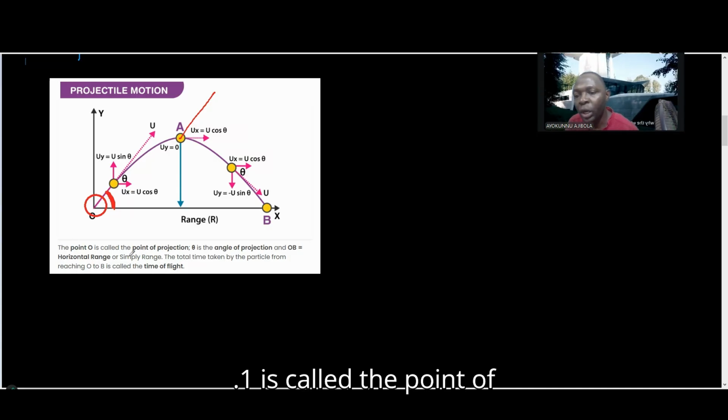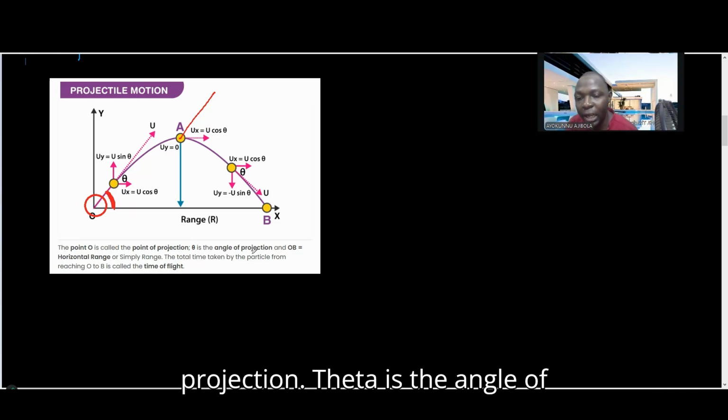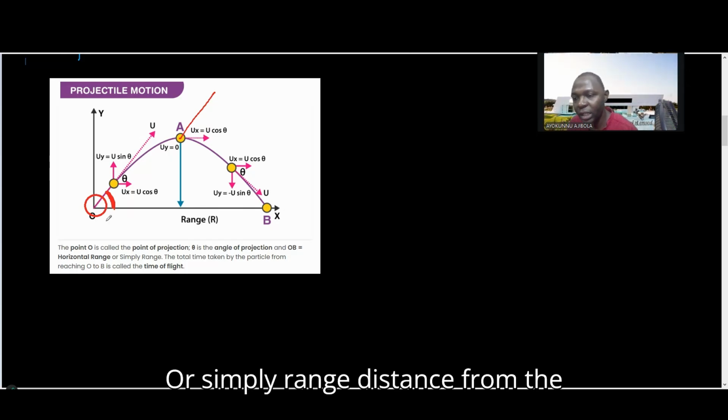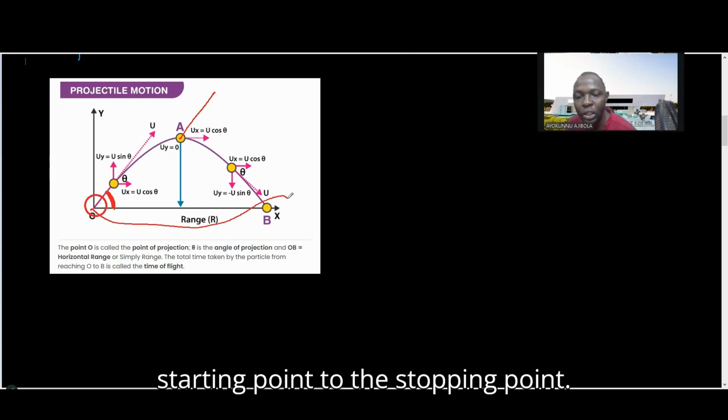So the point O is called the point of projection. Theta is the angle of projection. And the distance OB is called range, horizontal range, or simply range: the distance from starting point to the stopping point.